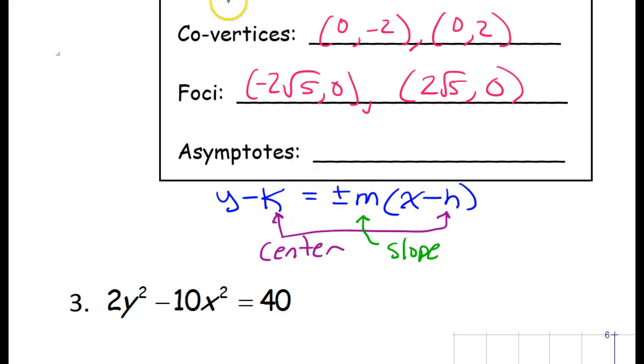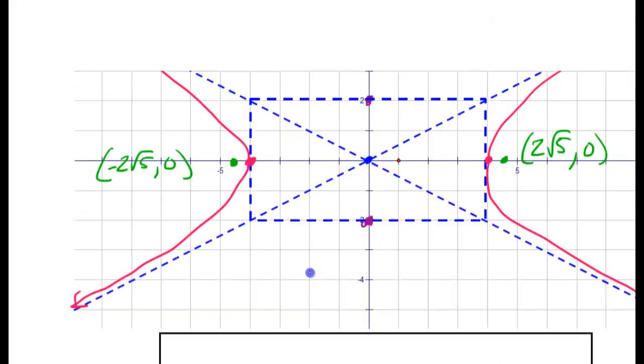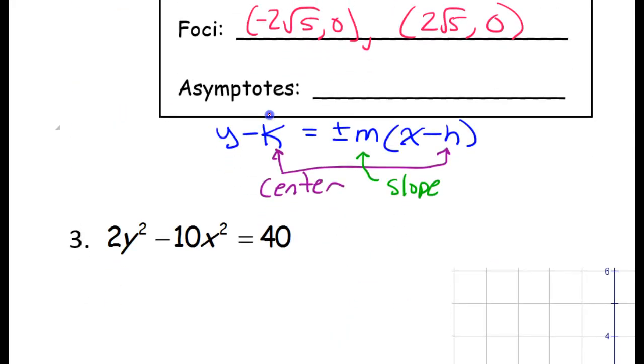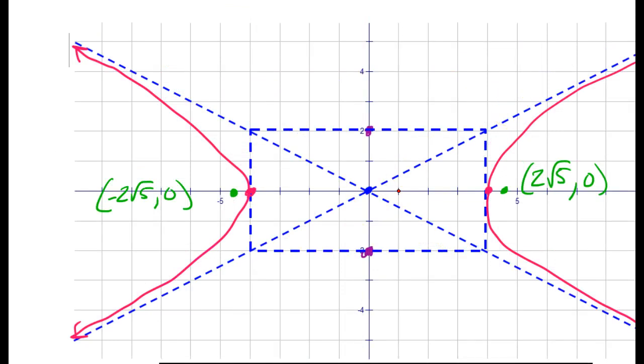So for this particular problem, the center is 0 comma 0. So that means the h and the k are both 0. So all I really need is the slope then. Just pick one of the lines and analyze the slope.